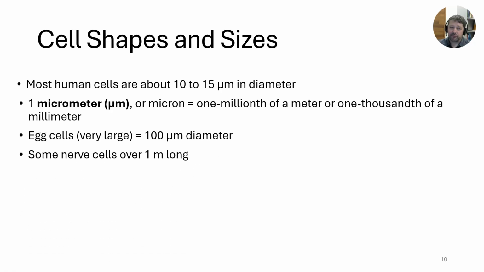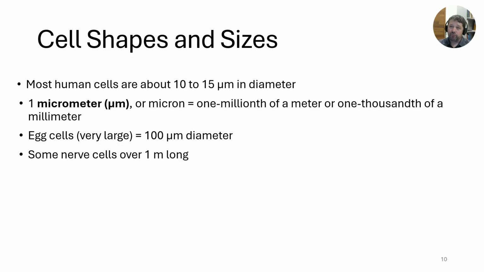So 1 micron or micrometer is one thousandth of a millimeter. Egg cells, which are some of the biggest cells humans have in their body, are about 100 micrometers in diameter. Some nerve cells are even much longer, much bigger. They can be a meter long.